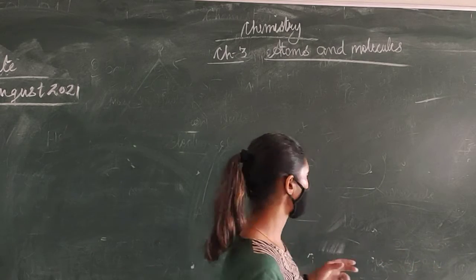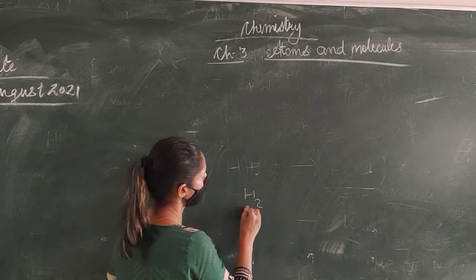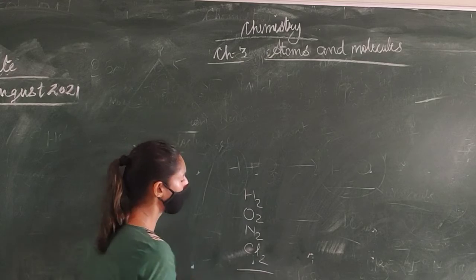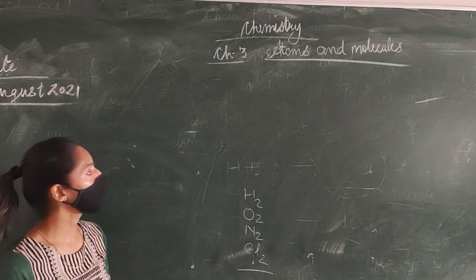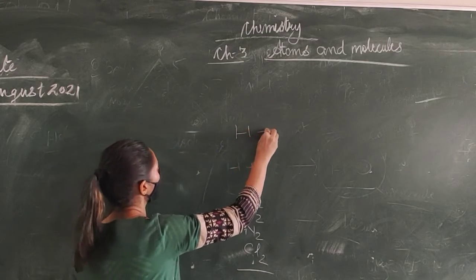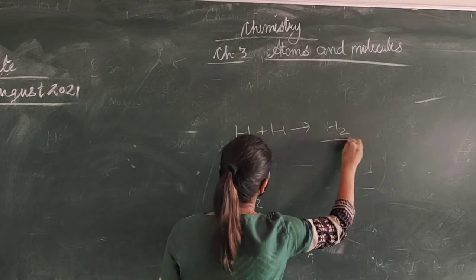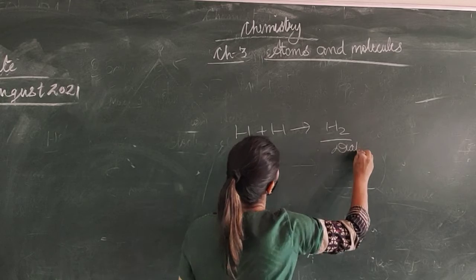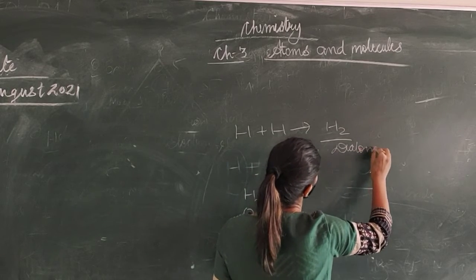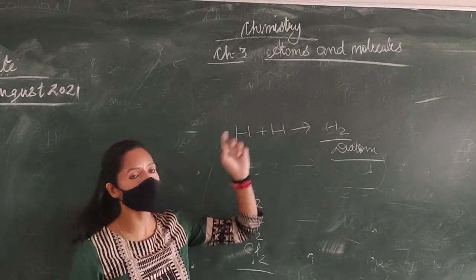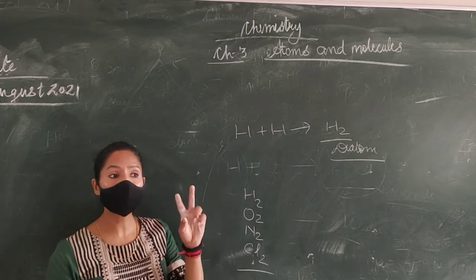But all these gases, hydrogen, oxygen, nitrogen, Cl2, we write in the 2 form. So what happens? Hydrogen combines with another hydrogen atom to form a diatomic gas. We can also call it a hydrogen molecule because there are 2 atoms.